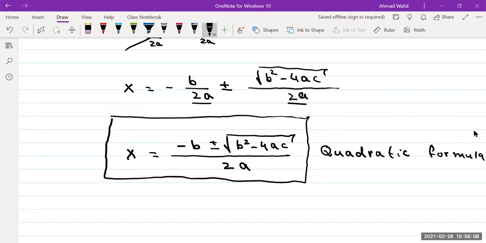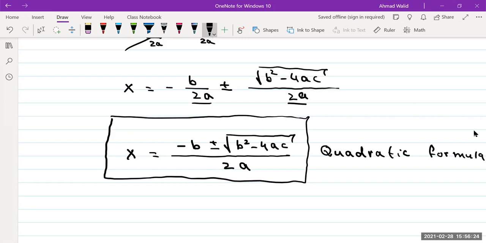The quadratic formula is actually the shortcut for completing a square. I know, I was a student and I have been teaching mathematics for many years.